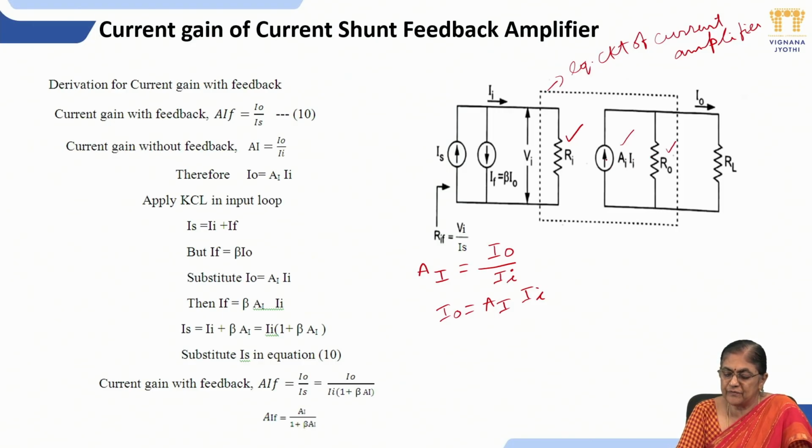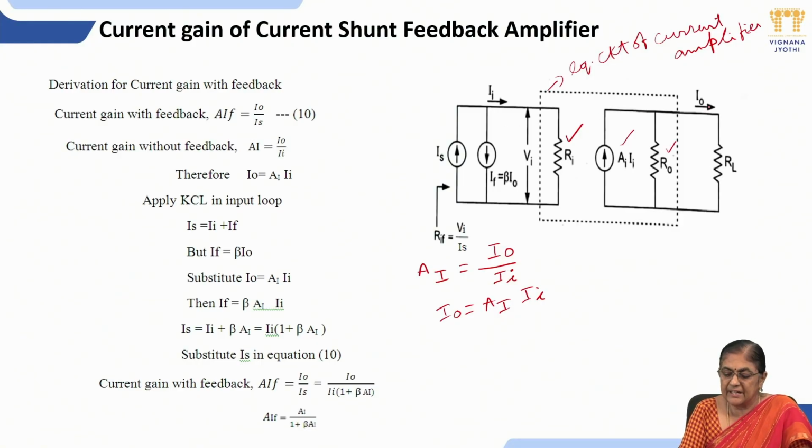See the direction of the current source, that is upwards. AI into II is the magnitude of the current source, and R naught is the output resistance of the basic amplifier without feedback, where Ri is the input resistance of the basic amplifier.